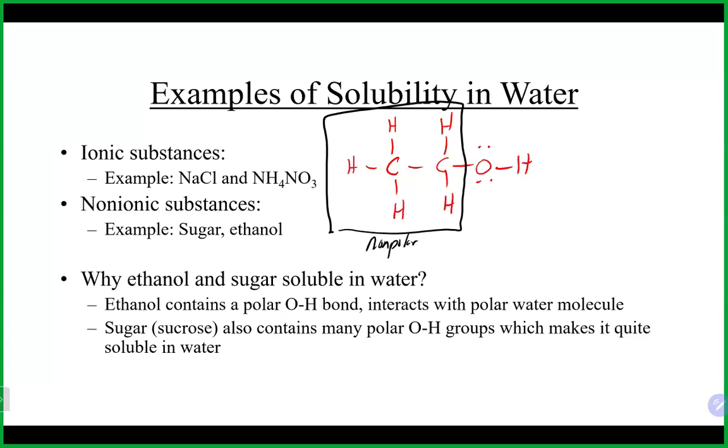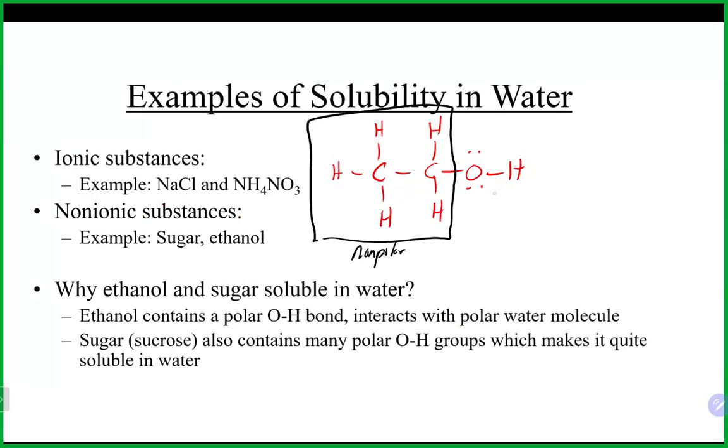The bond between carbon and hydrogen is nonpolar. Definitely the bond between two carbons is nonpolar. But what ethanol does have is a second part, which is right here, this bond. And this bond actually is a polar bond.